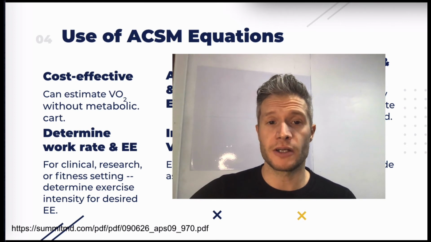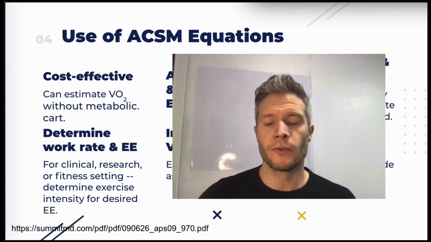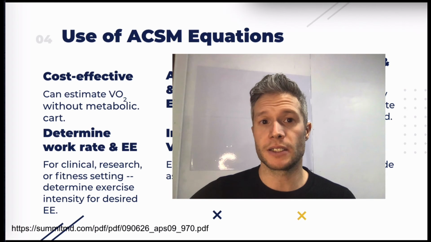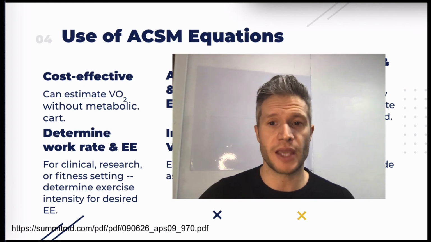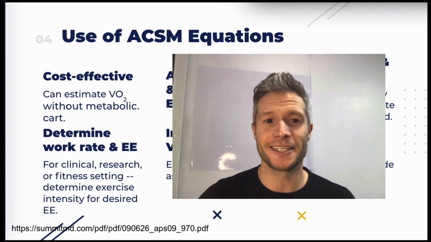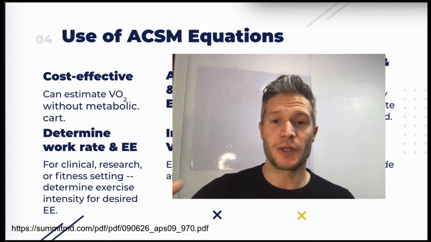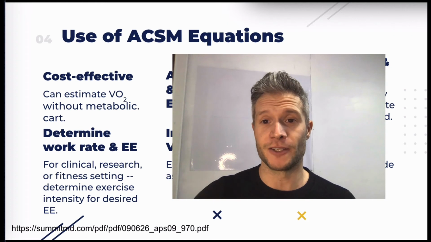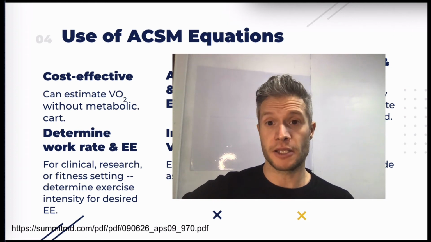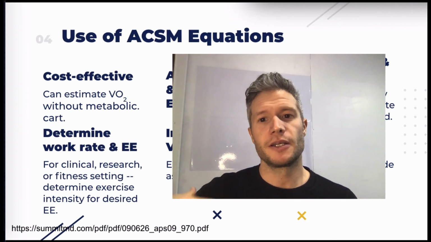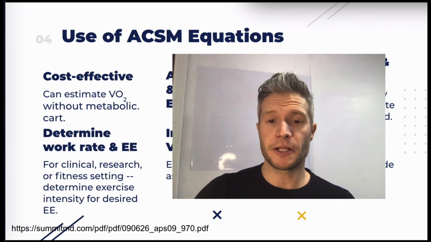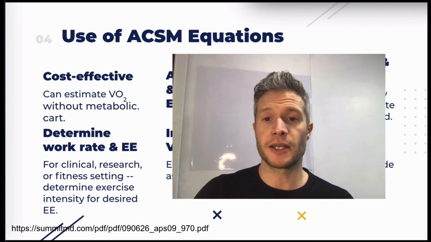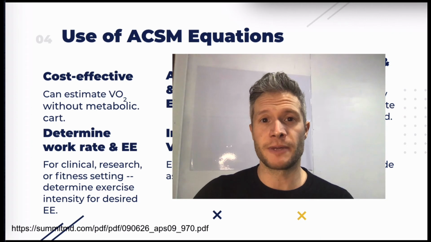So it's a very cost-effective way that you can relatively well predict energy expenditure. There are some caveats to that, but we'll get to that in a second. So no need for a metabolic cart, which is pretty expensive, like you saw in the lab, last lab.